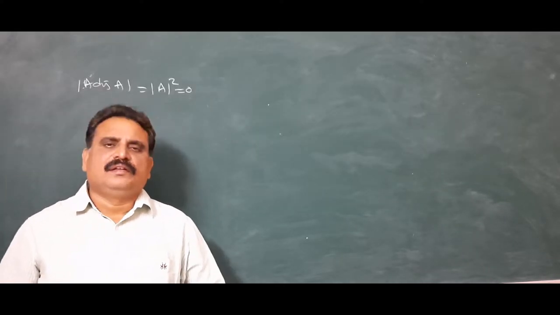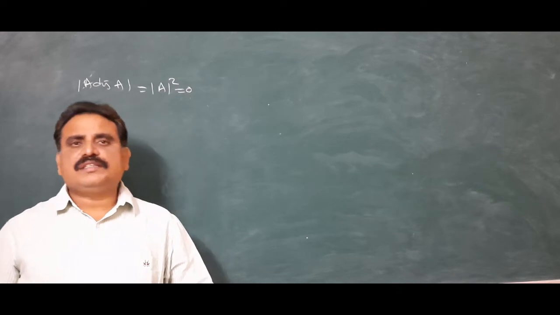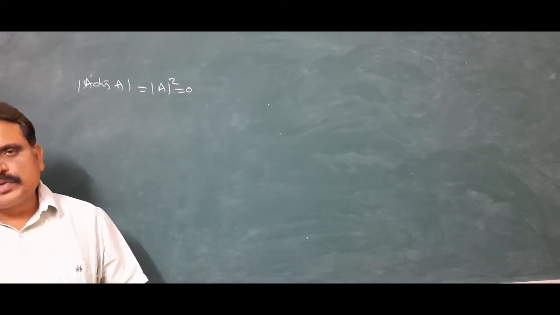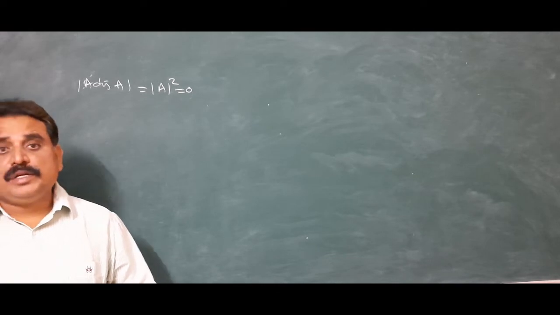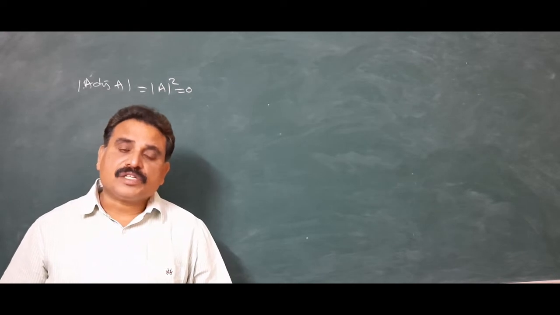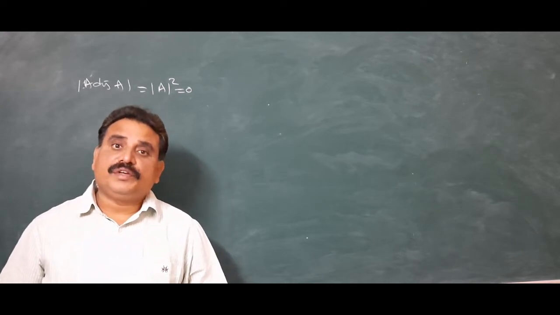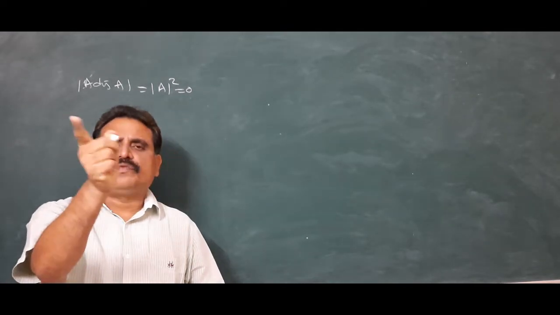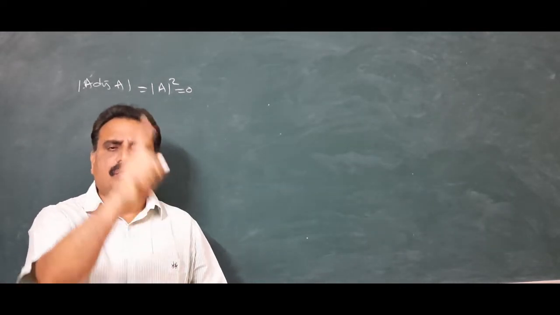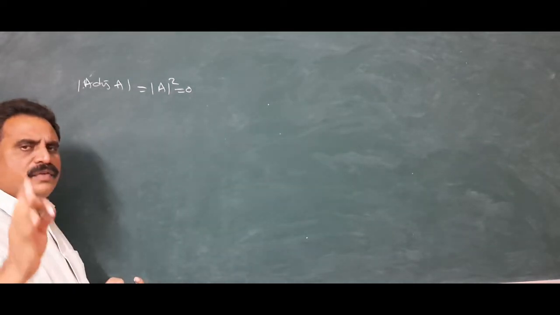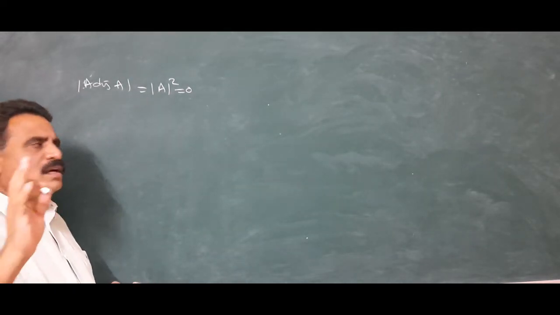Then the homogeneous equation Ax equal to 0 has a non-trivial solution, so det A must be equal to 0. Det A means the coefficient matrix must be equal to 0: x coefficient, y coefficient, z coefficient in first row, second row, third row. The determinant is 0. Look here. Actually, the question is very lengthy, but we can easily solve that.